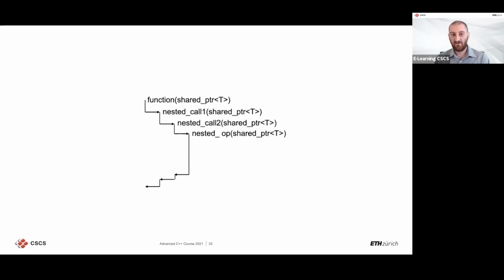I mean, once the outside function keeps the ownership, the function is responsible for the object that is pointed to by the shared pointer. And then all the nested functions are in the lifetime scope of the function. They don't really care about the ownership, right?